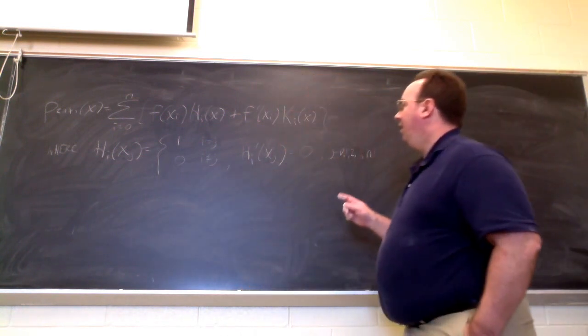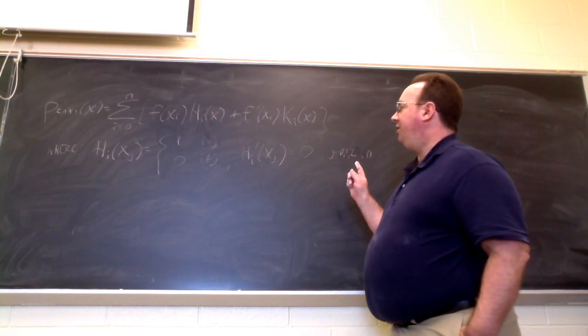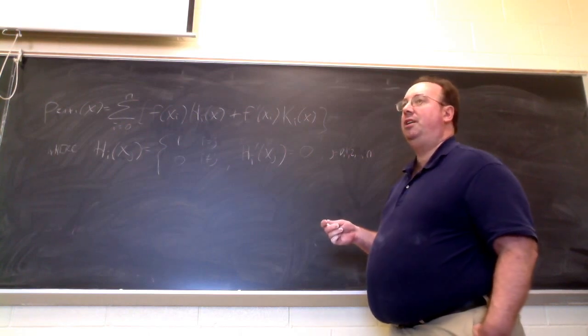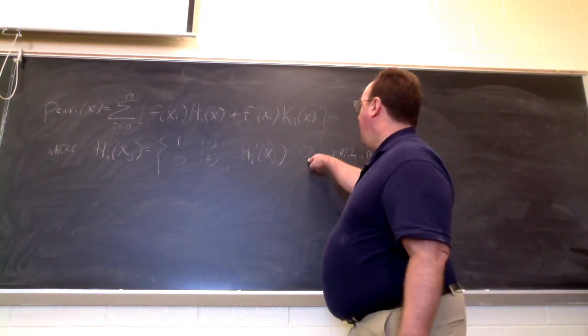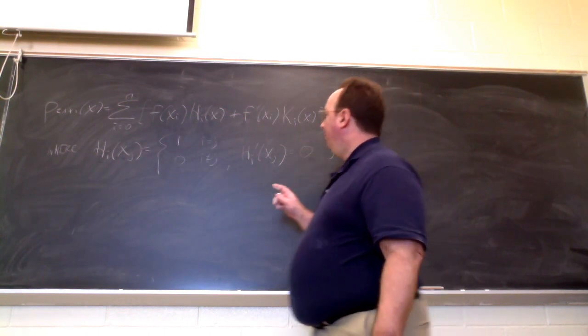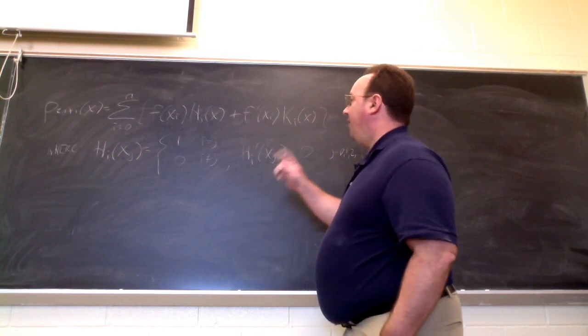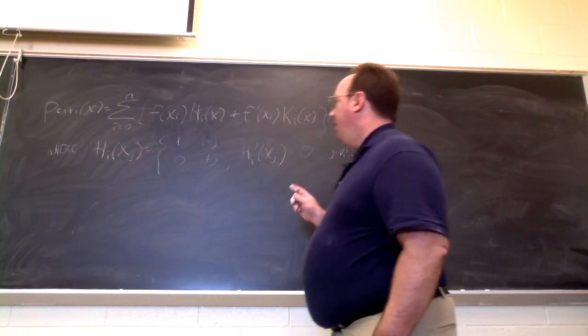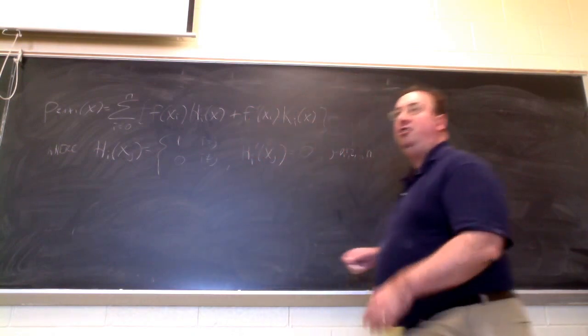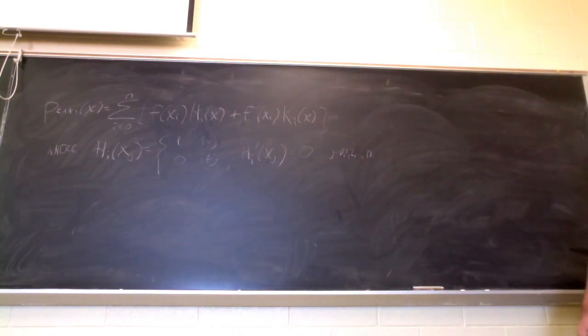So in fact, we can see why the degree of h_i has to be 2n plus 1, because again we have 2n plus 2 constraints. We have constraints on the value of the polynomial itself, and we have constraints on the value of the derivative. 2n plus 2 constraints in all, and it takes a polynomial of degree 2n plus 1 to satisfy it.